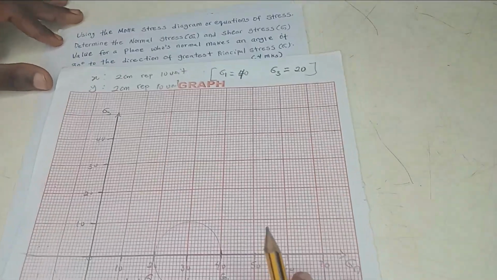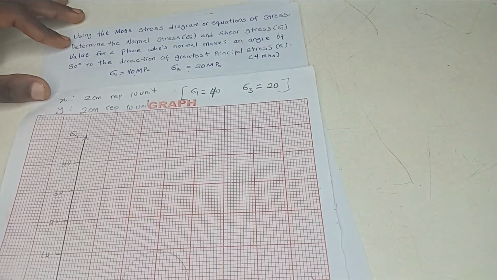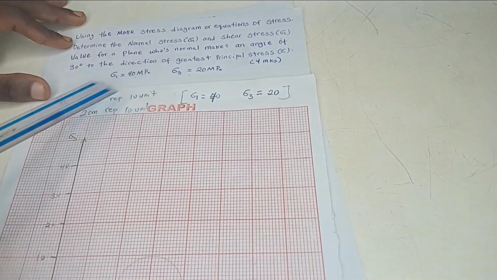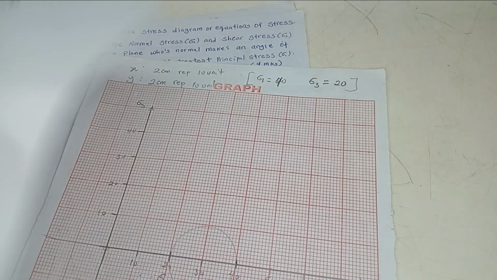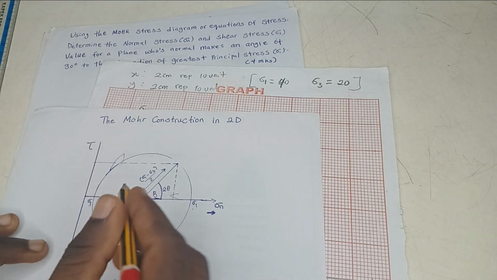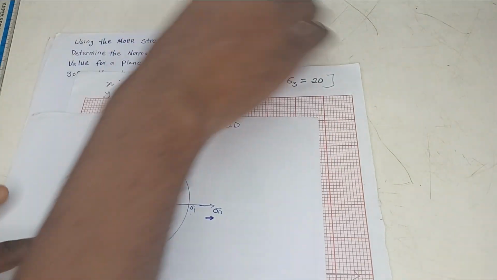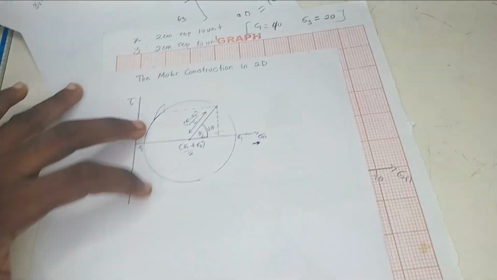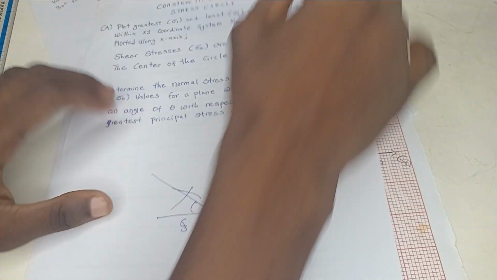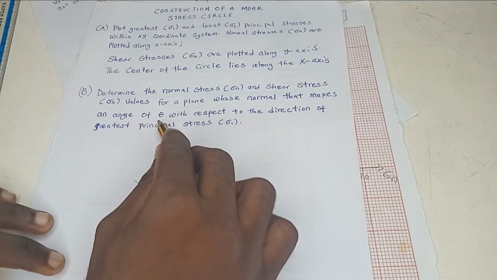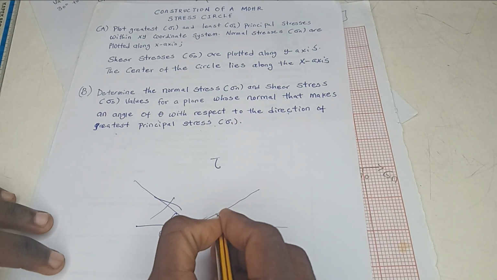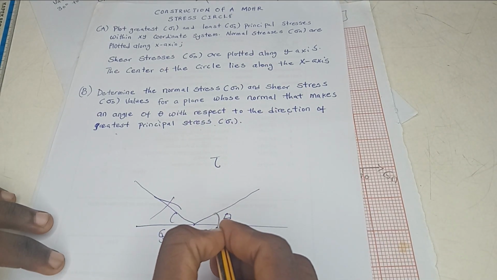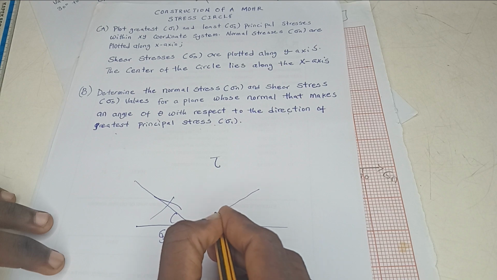So the next step is, the question says the value for a plane whose normal makes an angle of 30 degrees. Remember, part B says the angle theta with respect to the direction of the greatest principal stress, which means this angle from here to here, from the x-axis to this line, must be theta.